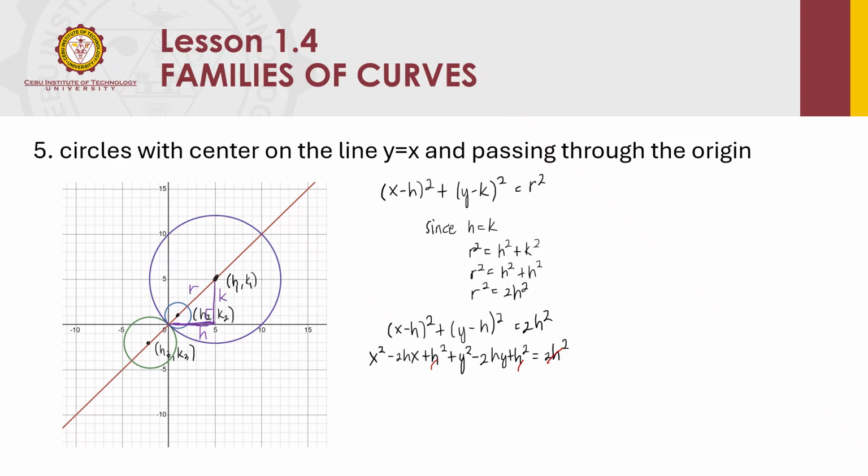So we reduce to x squared minus 2hx plus y squared minus 2hy equals 0.